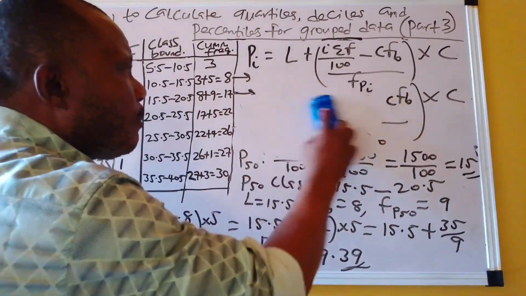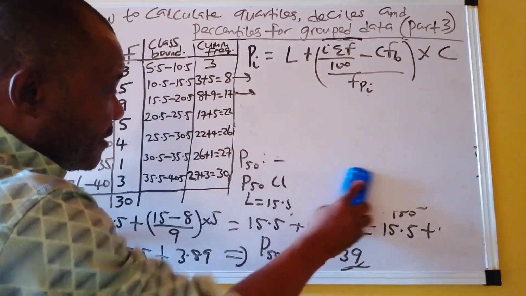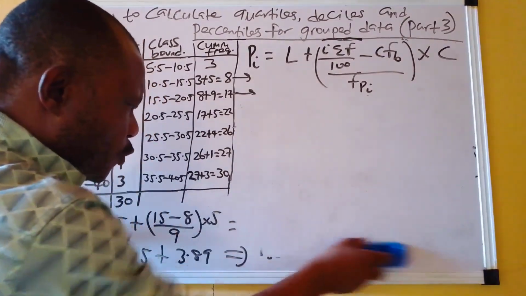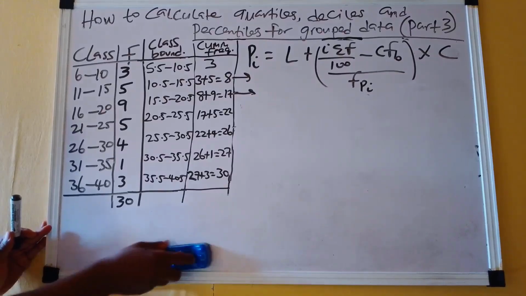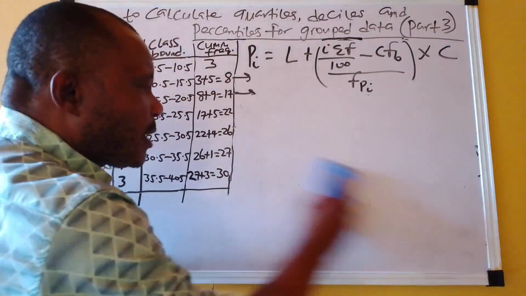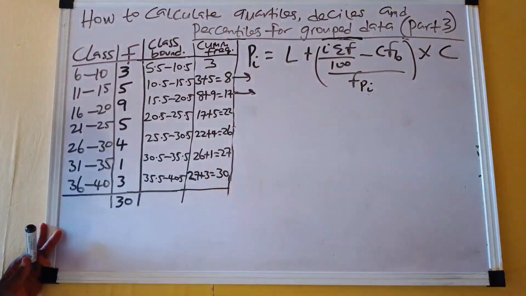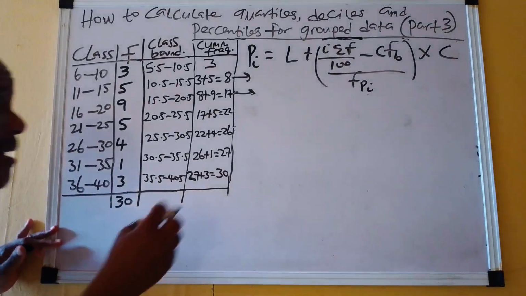Now let us calculate one more percentile, which is the 75th percentile. The 75th percentile is also equal to the Q3, because 3/4 of 100 is 75. So now let us calculate that. Then after that, we go ahead to calculate our interpercentile range.